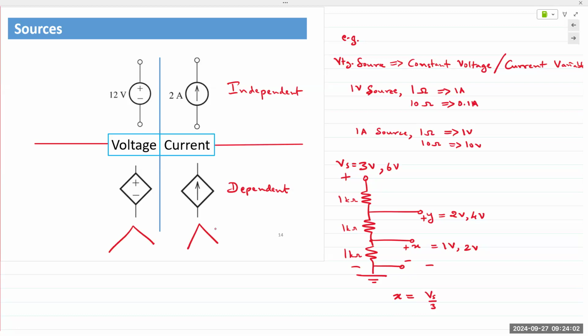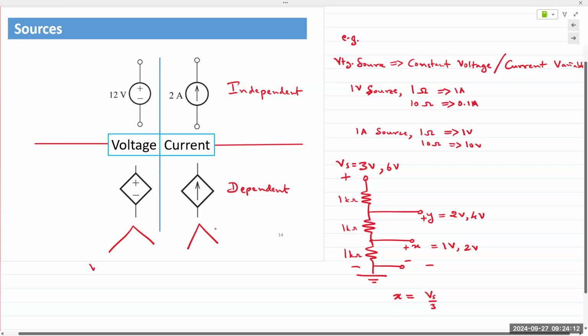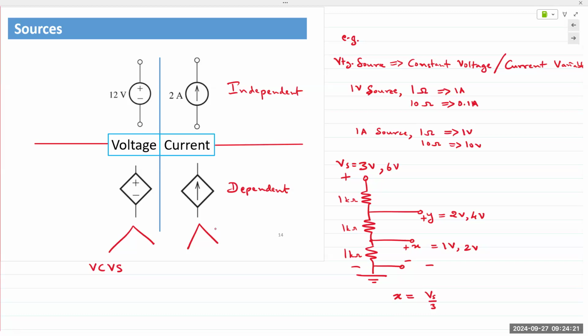And I assume you all learned all of this 1 year ago. Remember, kind of. So if this is controlled by a voltage, this would be a voltage controlled voltage source. On the left, we have a dependent voltage source, and it could be dependent on a voltage or it could be dependent on a current.